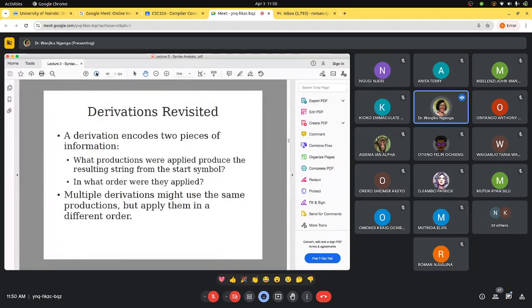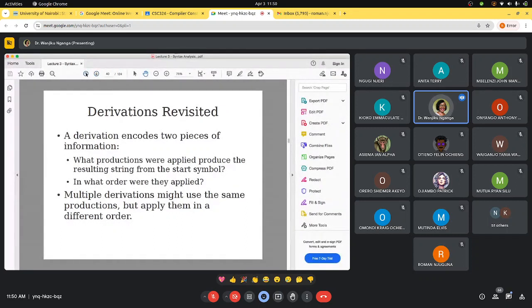Okay. So derivations encode for us two different pieces of information. The first is what is the sequence of productions that we have applied from the start symbol to get to the terminal string. And the second thing is the order in which we apply them. And the order really does matter, as we'll be seeing as we go ahead. So you may have multiple derivations using the same productions, but using them in a different order.